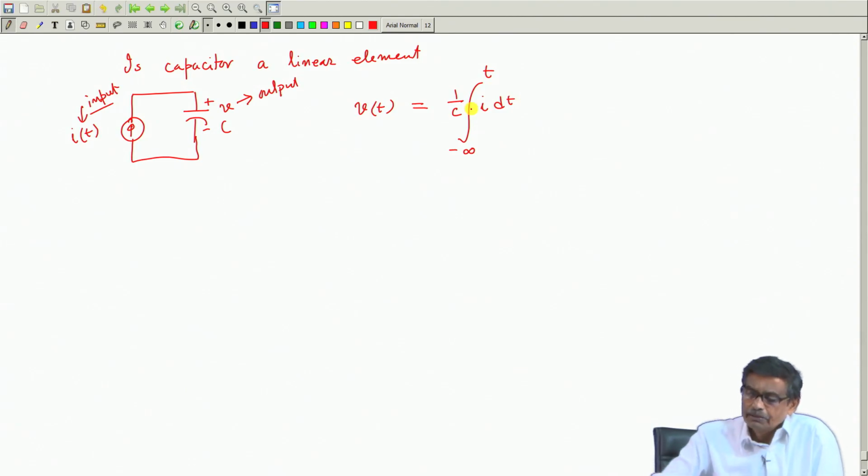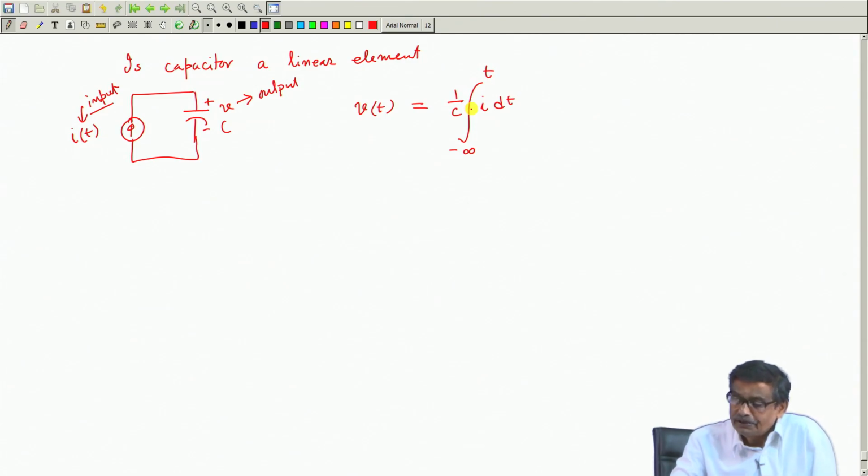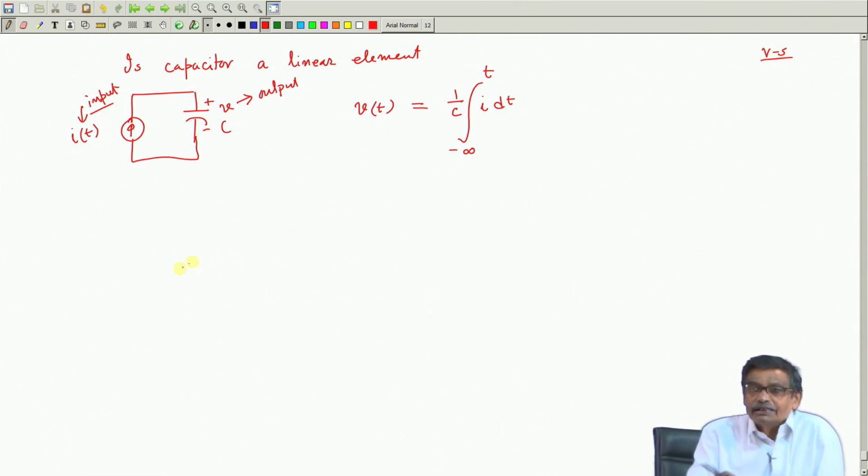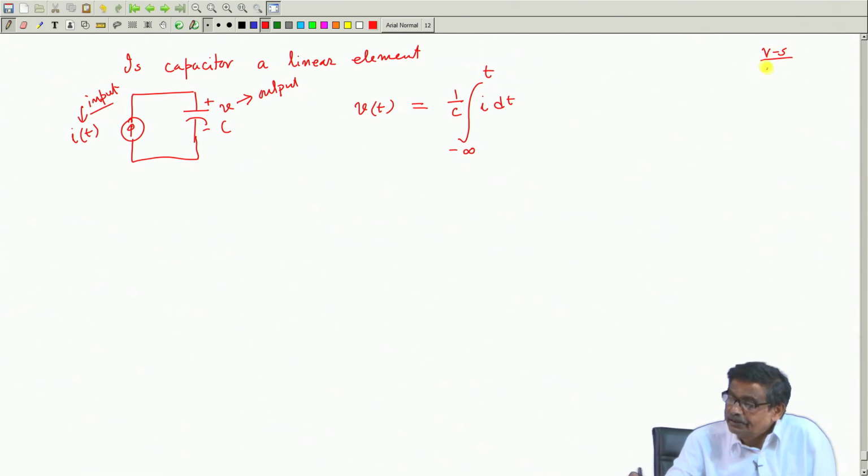By the by, remember that to build up voltage across the plate of the capacitor you have to spend coulomb, ampere-second. Recall that in an inductor to establish a current we had to spend volt-second. Similarly, to build up voltage across the plate of the capacitor you have to spend ampere-second.